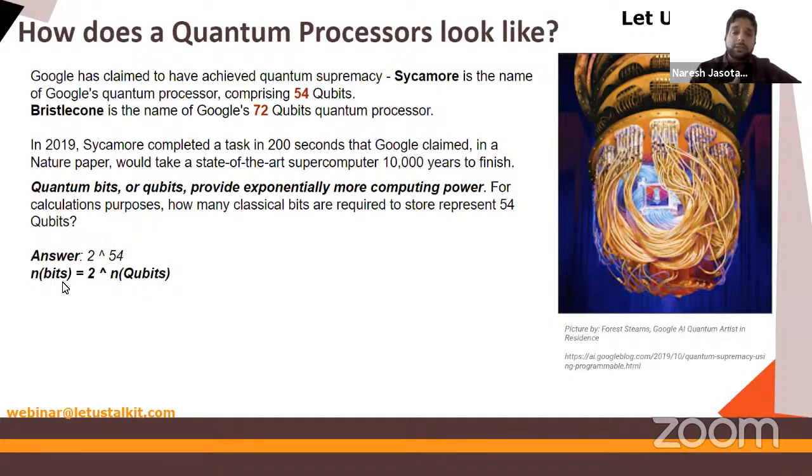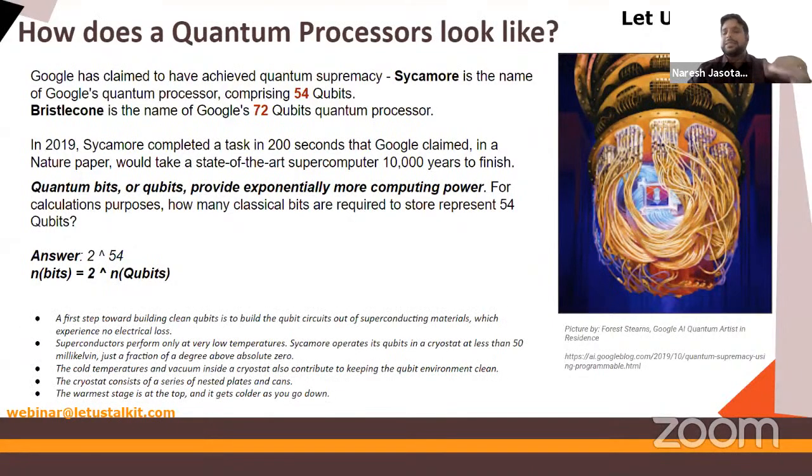In other words, the number of classical bits which would be required to represent a 54-qubit Sycamore processor is 2 raised to 54, exponentially higher. It must be in billions, trillions, and even more. How are these quantum computers built? I'm going to talk about these qubits and everything in a few minutes.